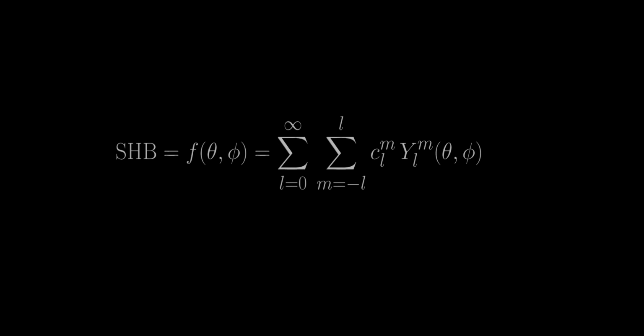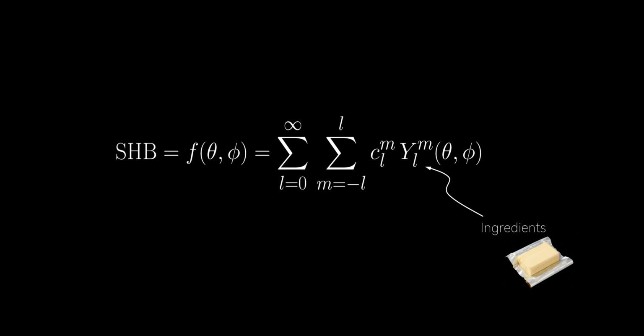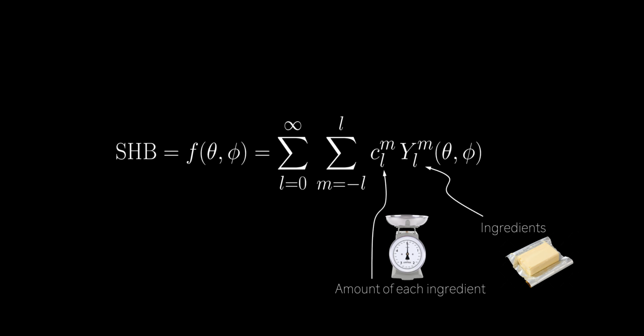Mathematically, our spherical harmonic bun is a sum from L equals 0 to infinity and m equals minus L to plus L of each and every Y_LM, whereby the amount of each that we need is defined by a weight given by C_LM.